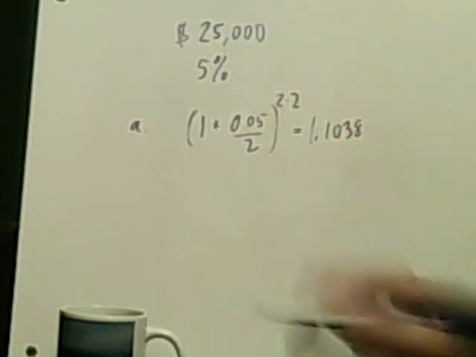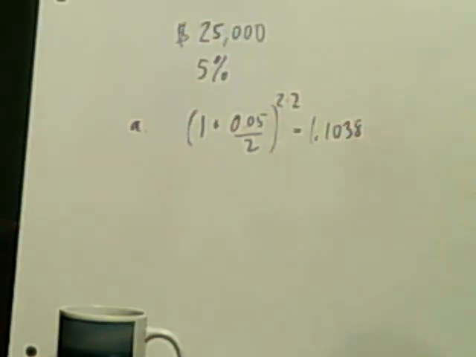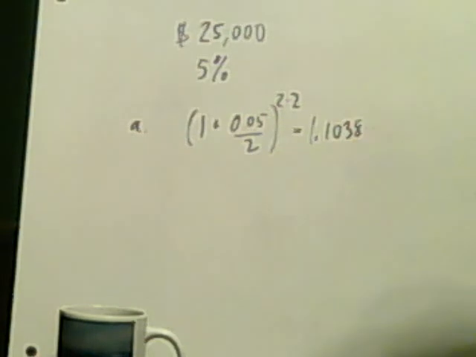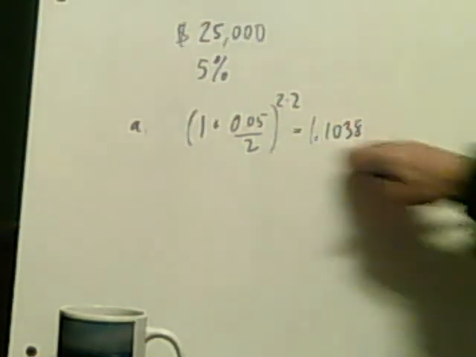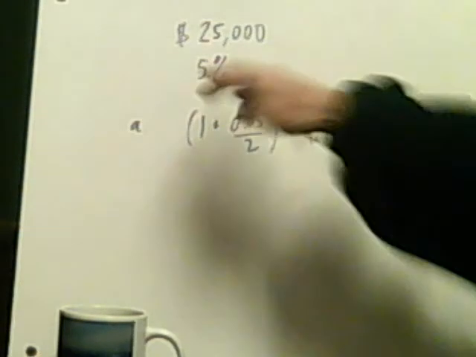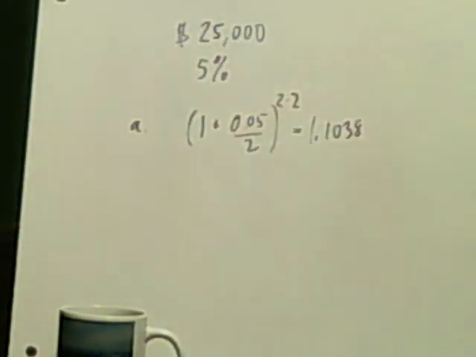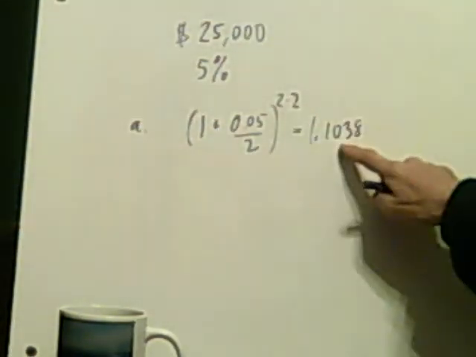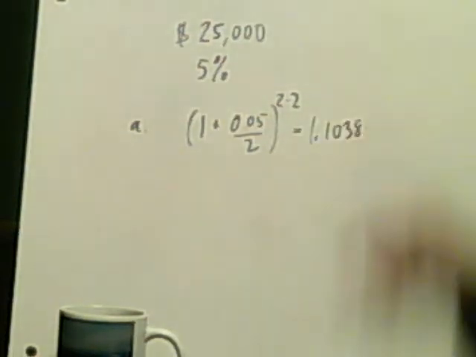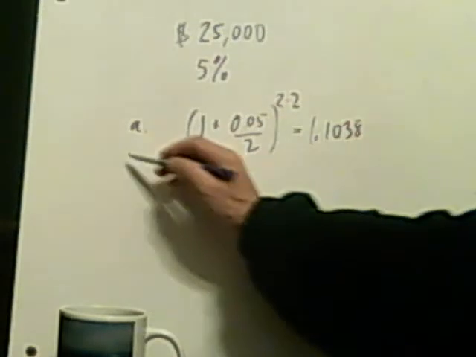I won't put in the exact number, but basically that's the factor. You're going to multiply that by 25,000, and you can do that. Basically, if you get 5% per year for 2 years, roughly you're going to get 10%. But because it gets compounded twice a year, you're actually getting a little bit more than 10%, not as much as 11%.